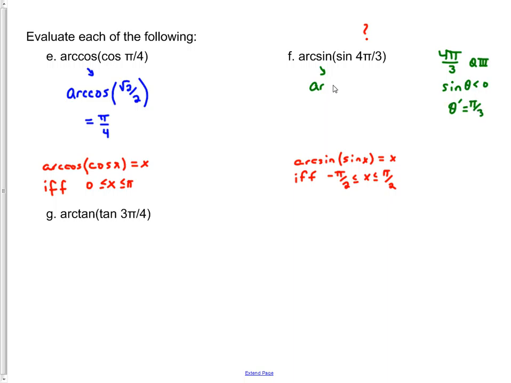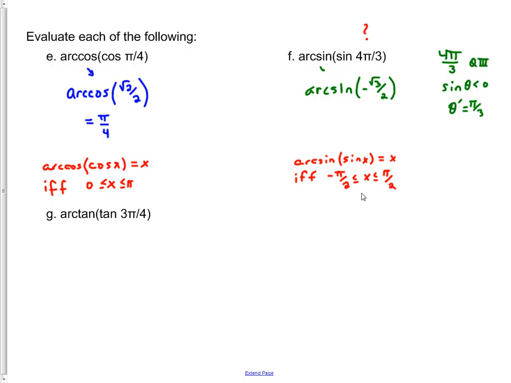So what will we say? Well, we're taking the arc sine of the sine of 4 pi over 3, and that is negative root 3 over 2.